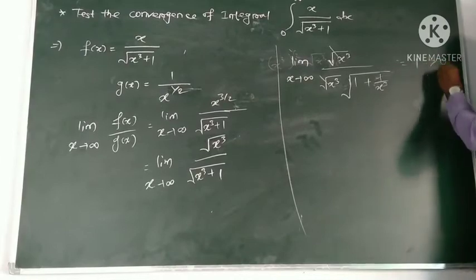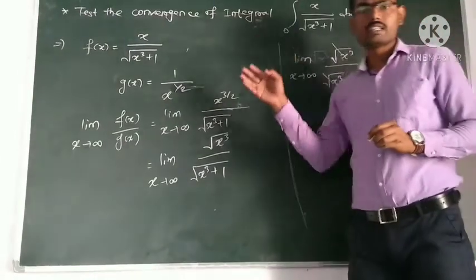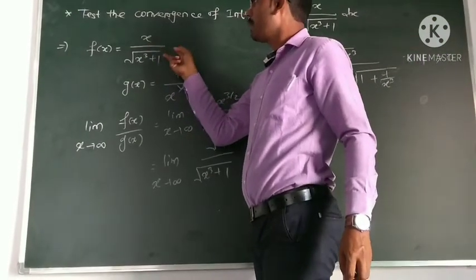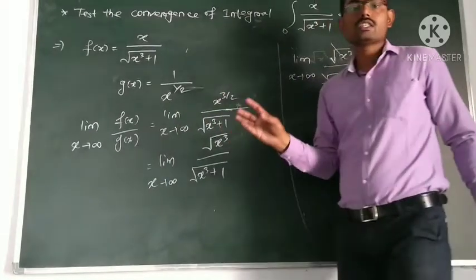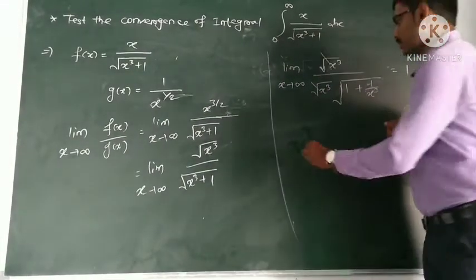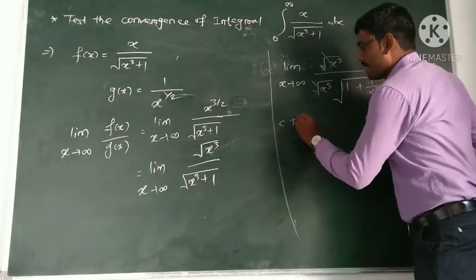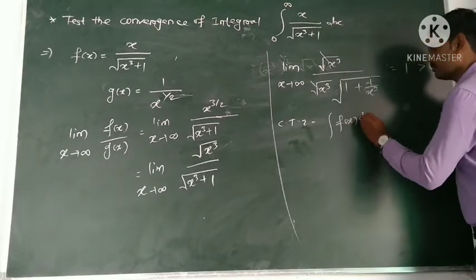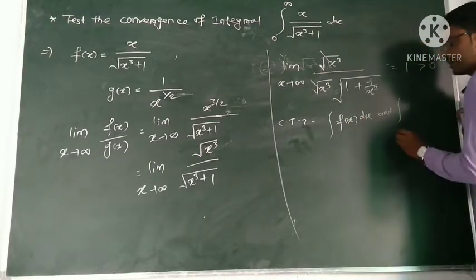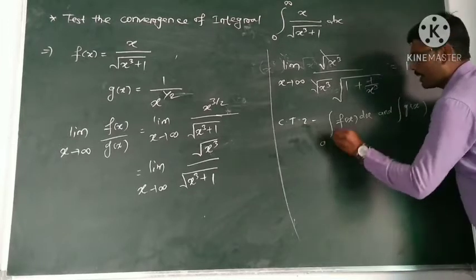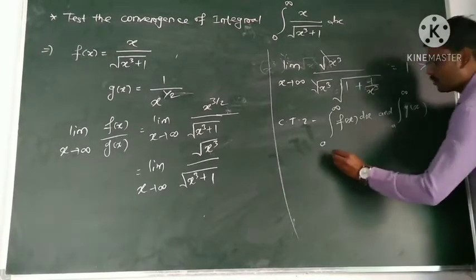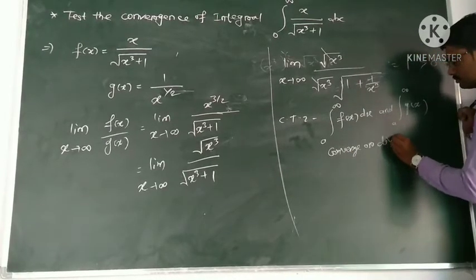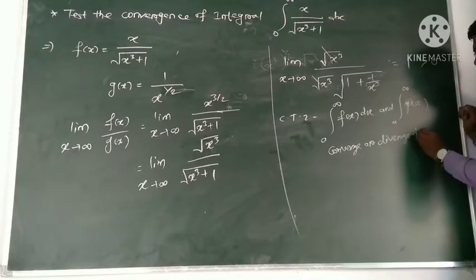It is a positive real number. So by comparison test, both improper integrals of functions f and g converge or diverge together. So by comparison test 2, both the integrals of f and integral of g from a to infinity converge or diverge together.